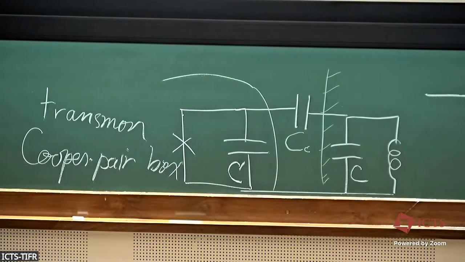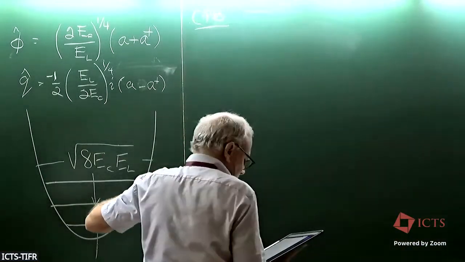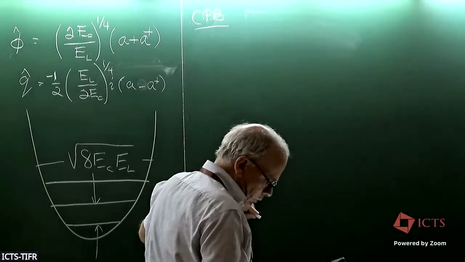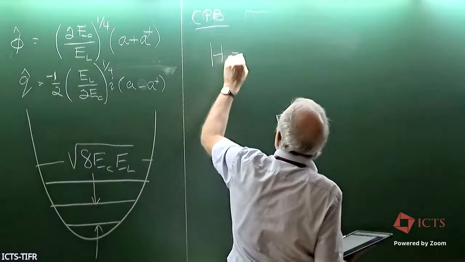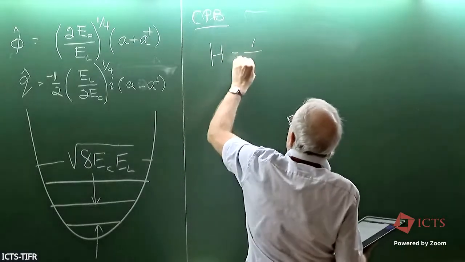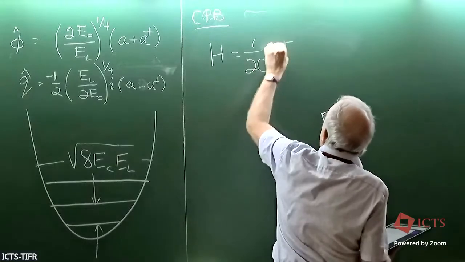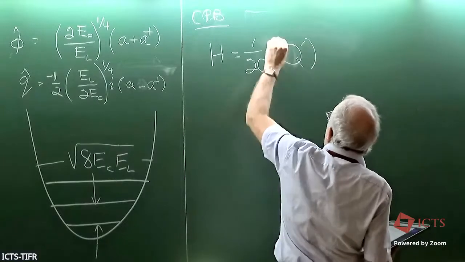Okay, but for the CPB, the Cooper pair box, by itself, do I want to develop it all the way from the Lagrangian? Let's jump immediately to the Hamiltonian. So the Hamiltonian for that is 1 over 2 C prime, Q prime squared.